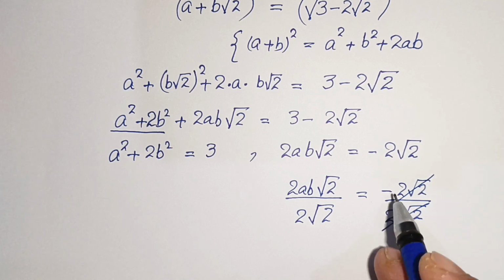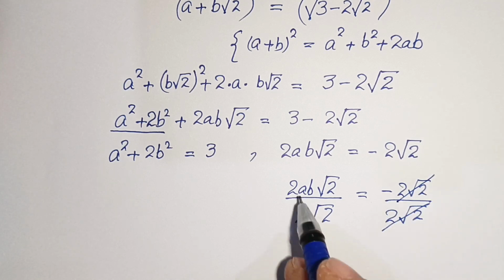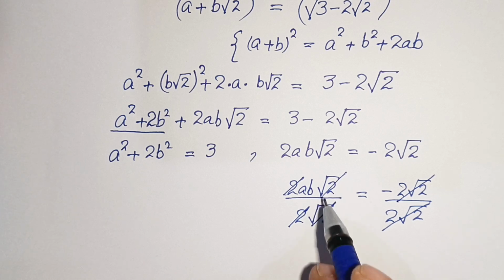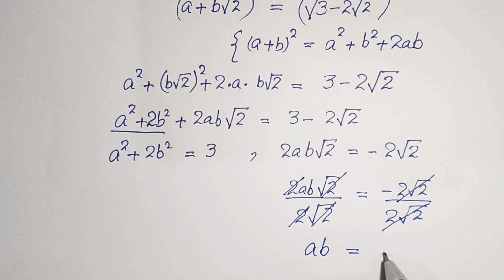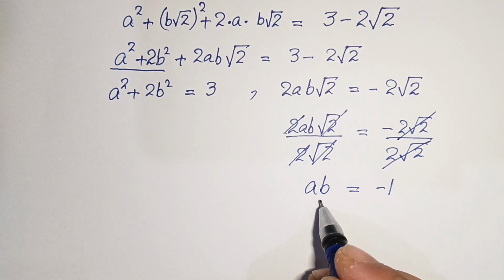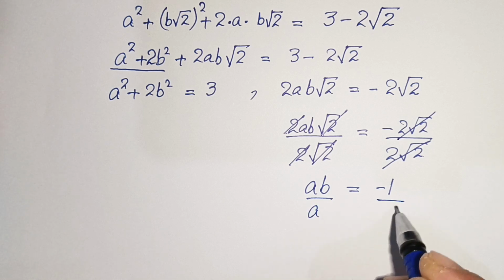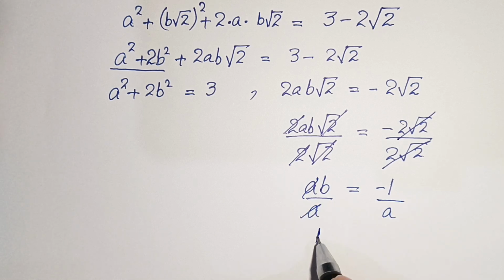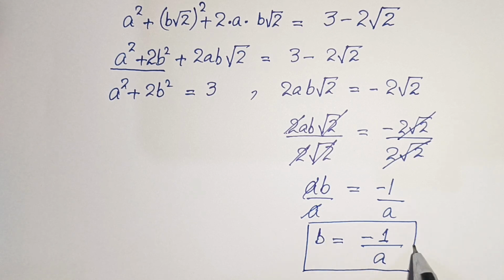Here it will be cancelled, we get minus 1, and here the 2 is cancelled out, square root of 2 is cancelled with square root of 2, so we get ab is equal to minus 1. Now to find the value of b, we just divide by a on both hand sides, so we get b is equal to minus 1 over a.